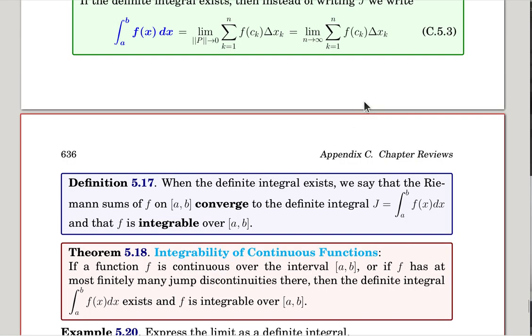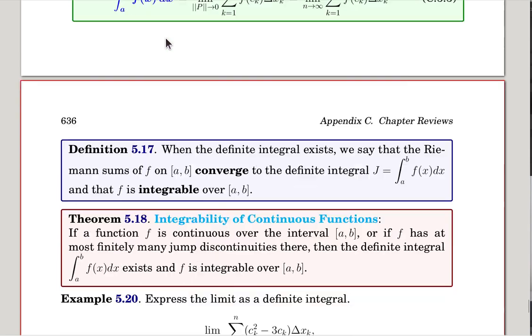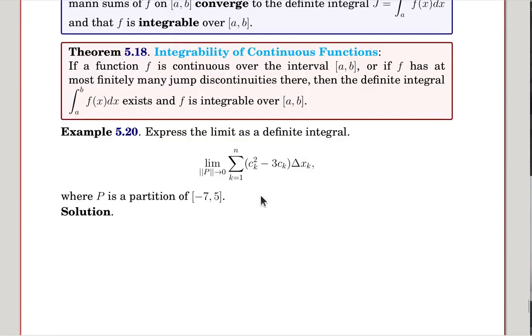Okay, in this formula, here, ck will be changed into x, and delta x will be changed into dx, so that for this one, already the interval is given, -7 to 5, so that the quantity must be the integral over -7 to 5, and ck will be changed into x, so that there is x squared minus 3x, and delta x will be here dx.